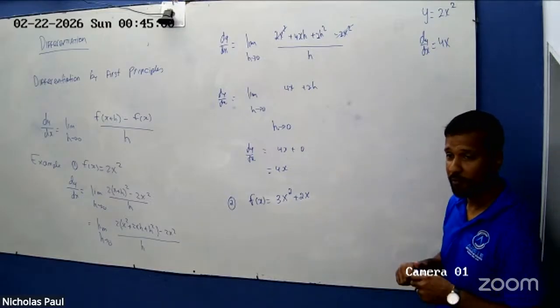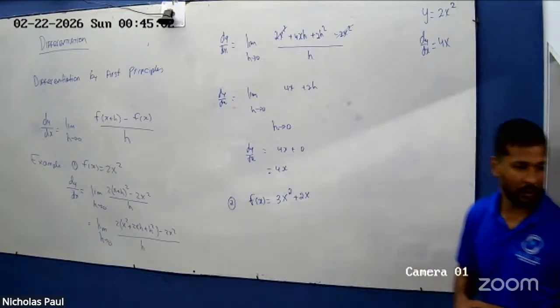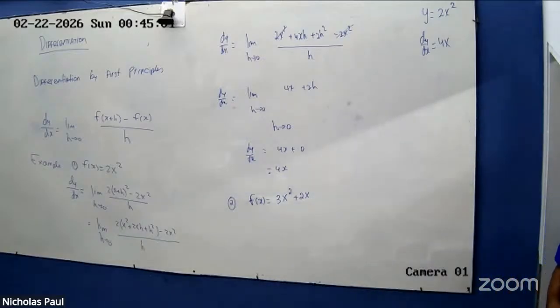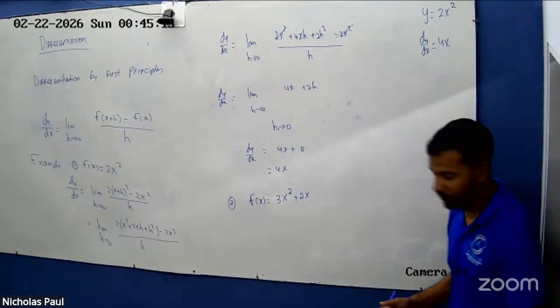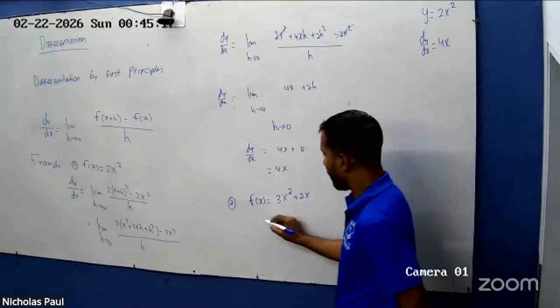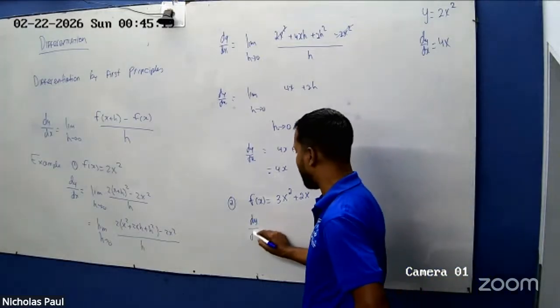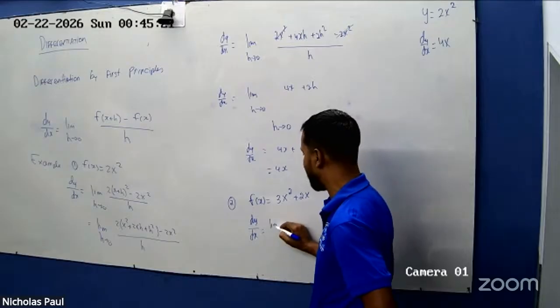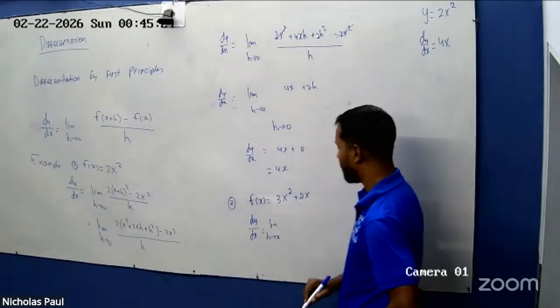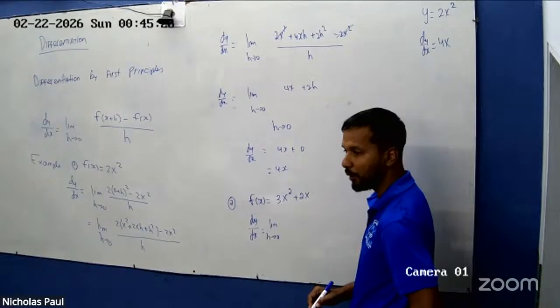You're done? Right, so we end up with dy dx being equal to the limit as h approaches 0 of what?